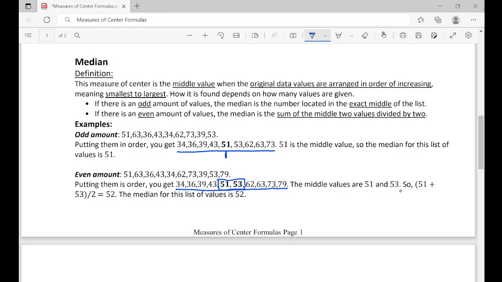So we're going to do 51 plus 53, add them together, divide by 2, and we're going to get 52. So the median for an even amount is the sum of the middle 2 divided by 2, which is 52 in this case. So be careful whether it's even or odd. It does matter and can be very tricky if you just overlook that.